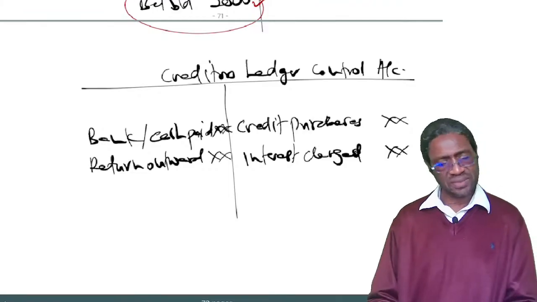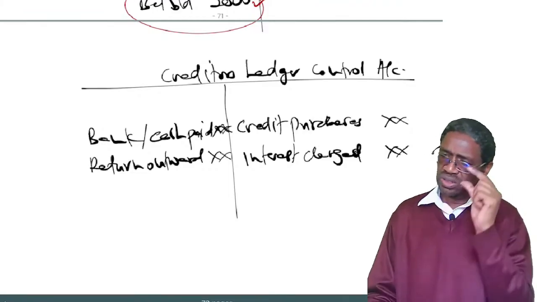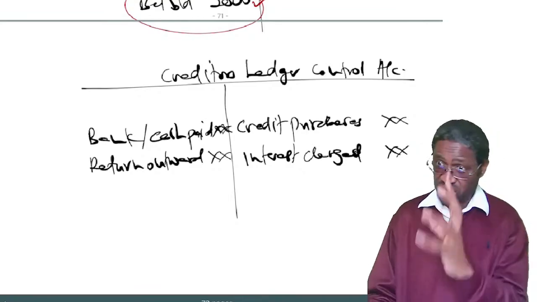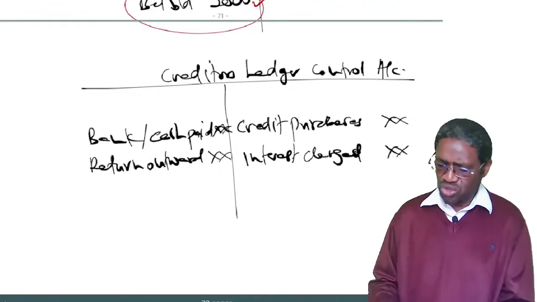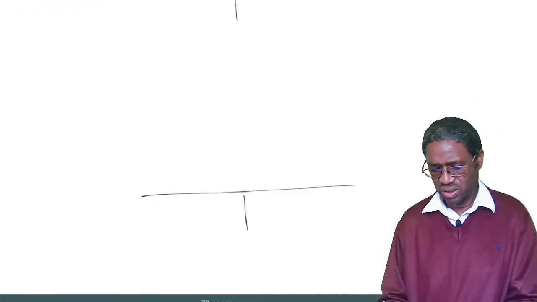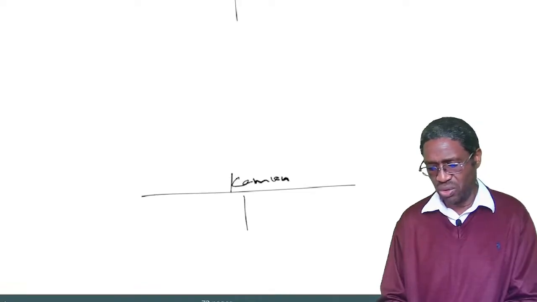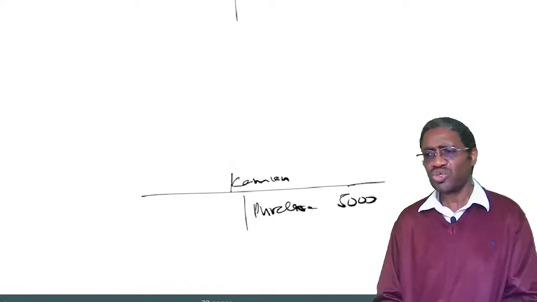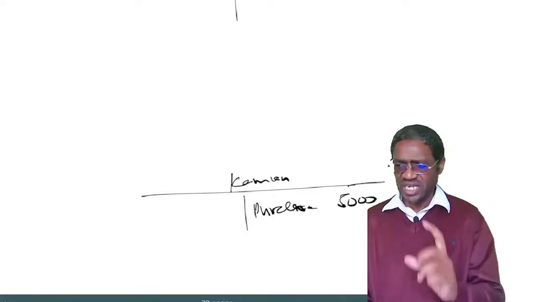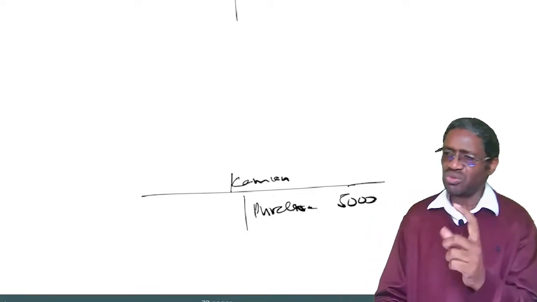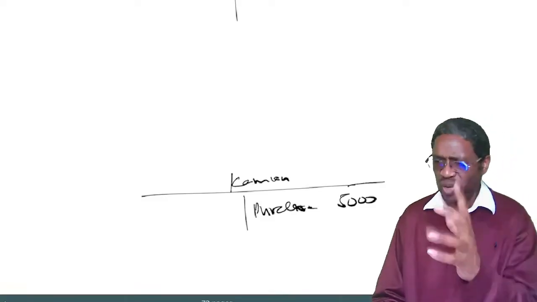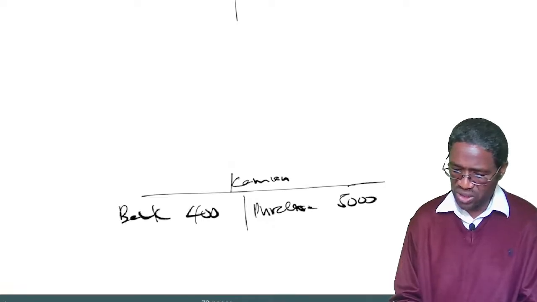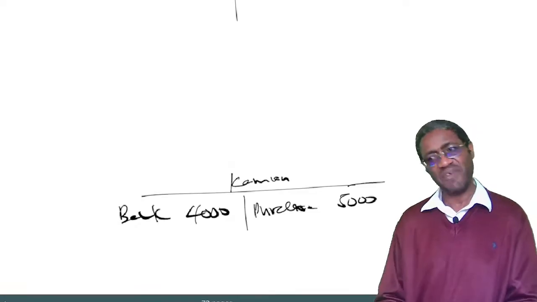Okay. Next. You purchased goods from your suppliers on credit, and let's assume Kamau here. You purchased goods from Kamau on credit and you said, purchases 5,000. Kamau told you, if you pay him within 10 days, he will give you a discount of 1,000. So you paid Kamau within 10 days and you must have debited Kamau by 4,000 and credited bank by 4,000.